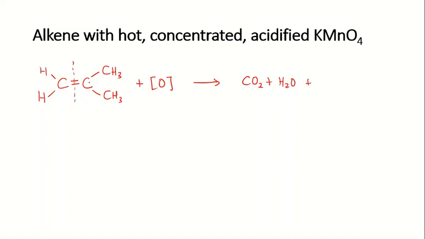For the carbon on the right hand side, with the double bond, let's add an O to the double bond and copy the two CH3 groups that were bonded to the carbon initially. Now, this is a ketone. It will not be further oxidized by acidified KMnO4. So at the end, we get only one organic compound in the products, which is a ketone.